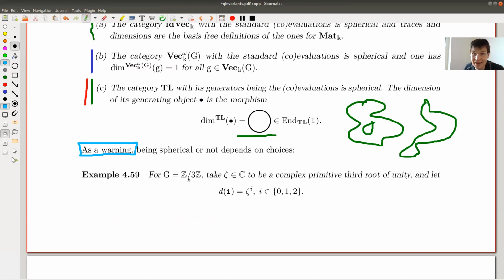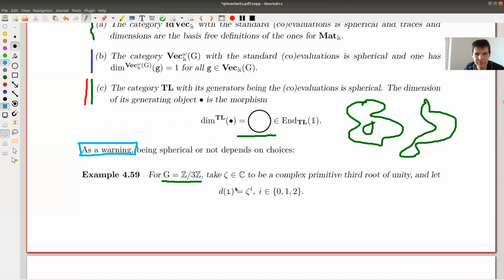Being spherical or not actually depends on the choice. Namely, you have to be careful with the evaluations and co-evaluations. Remember that pivotal structure basically depended on a choice. Being spherical or not also depends on choice. And here I give you an explicit example for G being Z mod 3, so one bigger than my usual example.